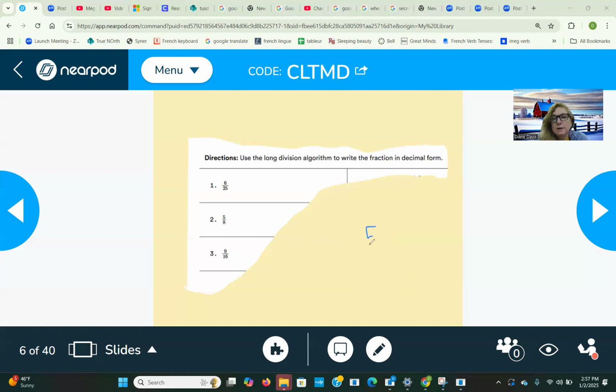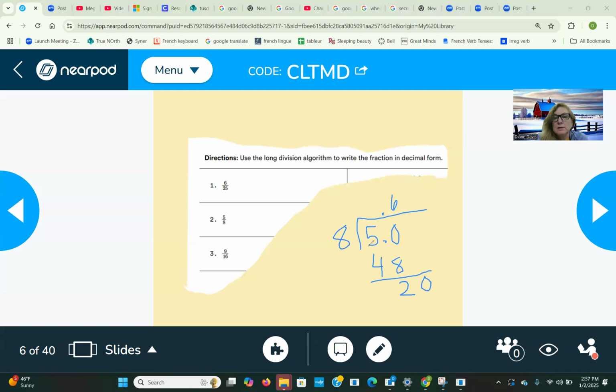Okay, 5 divided by 8. All right, so we pull it up. 8 goes into 50, 6 times 8 is 48. Okay, 10 take away 8 is 2.